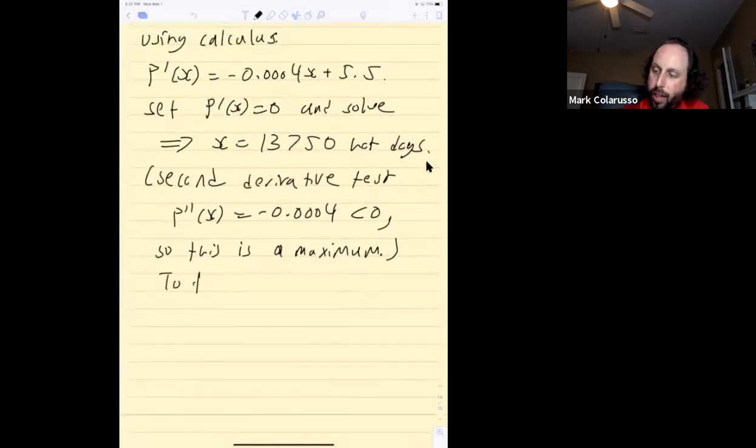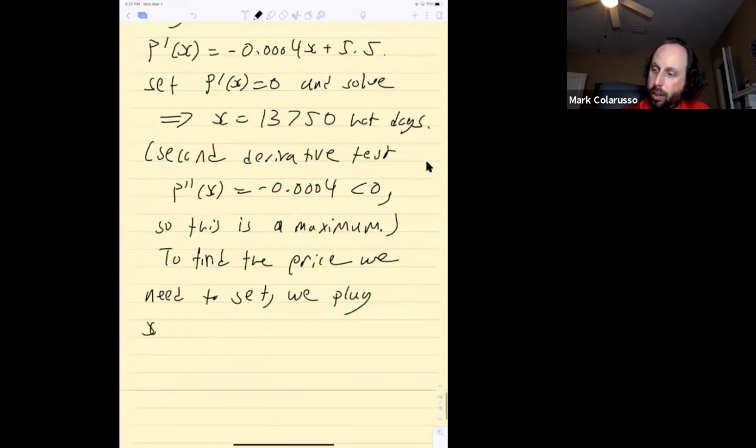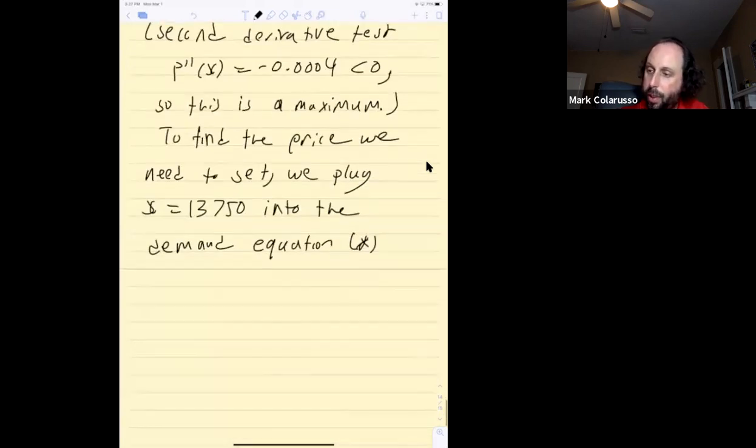To find the price, we plug 13,750 into the demand equation star, which I copied from above.